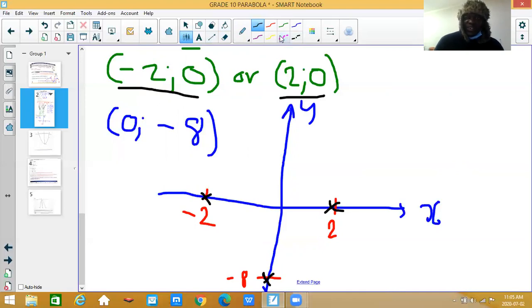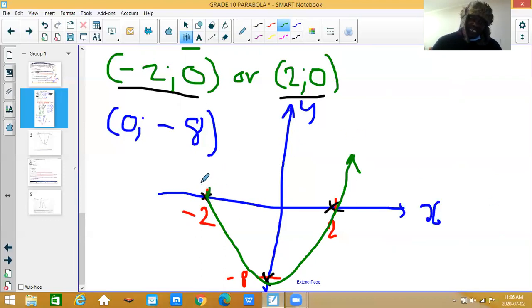And now when you are drawing your graph, your graph will start from there. Because remember, we said this graph, the coefficient of x squared is positive. Since it is positive, the graph is a happy graph. It is facing upwards.